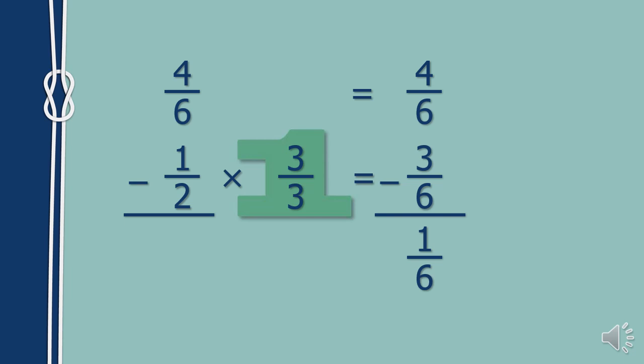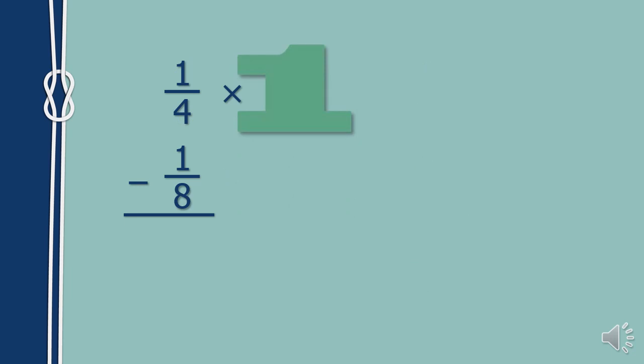Let's try another one. Get out your scrap paper and pause the video and try this one on your own before you look at the solution with me. All right, did you get it? Let's see. Well, we need to put these fractions into like terms. To do that, we need to multiply by a name for 1.